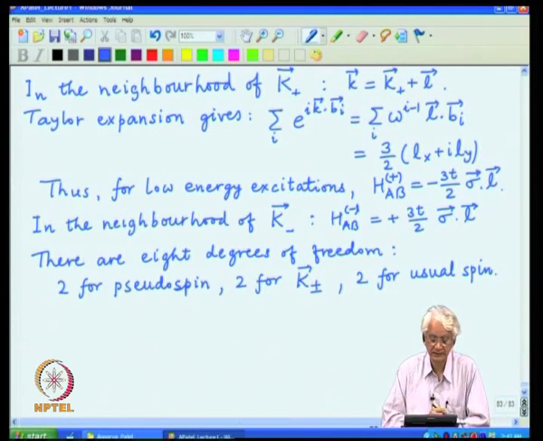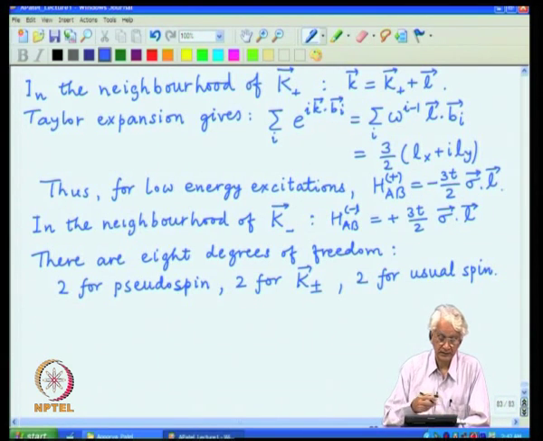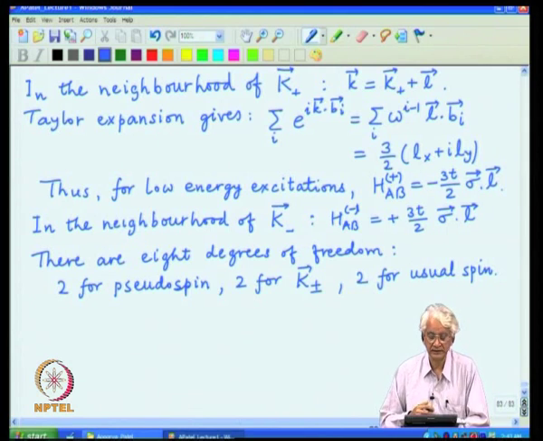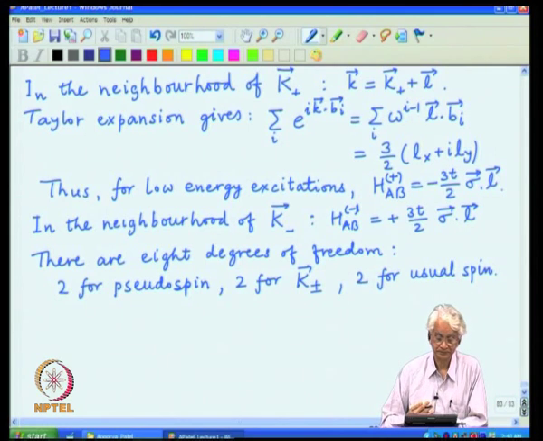That spin essentially remains completely independent of this other degrees of freedom. It can be treated as an extra index and does not play any significant role in the low energy dynamics of graphene.